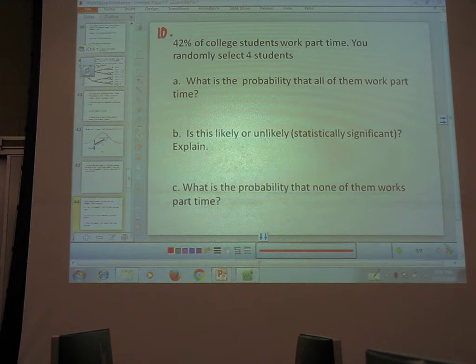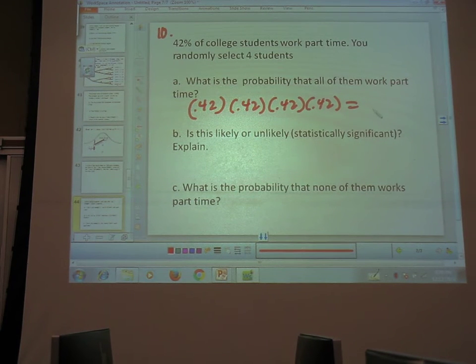And what's the probability I work part-time? 40%. So what's the probability she does, and you do, and I do, and we multiply. So it's just going to be 0.42 times 0.42 times 0.42 times 0.42. Right, the alls and the nones are super easy.